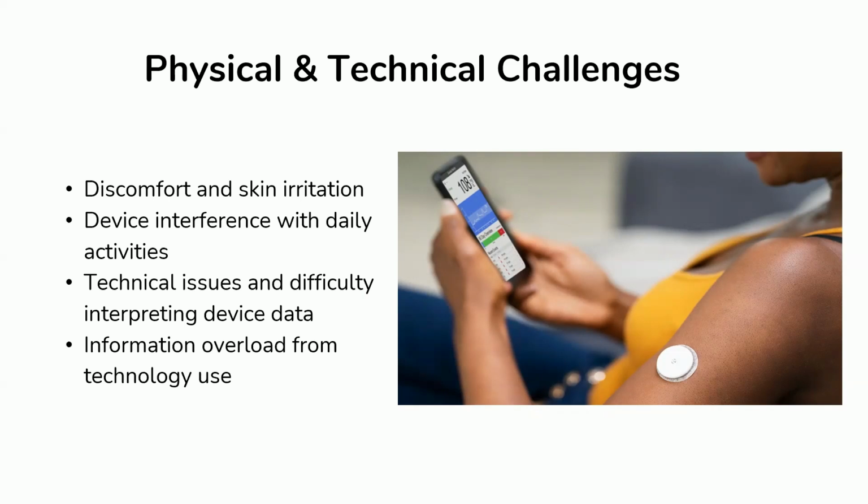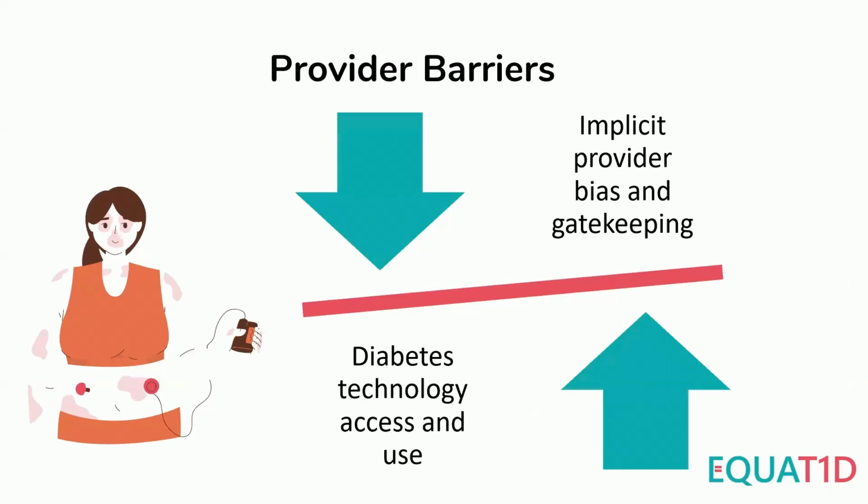There are also a number of provider barriers. So this could be the physicians or the other healthcare providers involved, such as diabetes nurses or dietitians. There's been a lot of studies that have looked at what's called implicit bias and gatekeeping. And that's where healthcare providers, generally unintentionally, although it could also be intentionally, select who they may recommend diabetes technologies to.